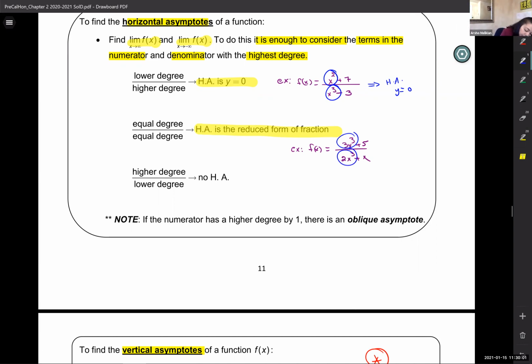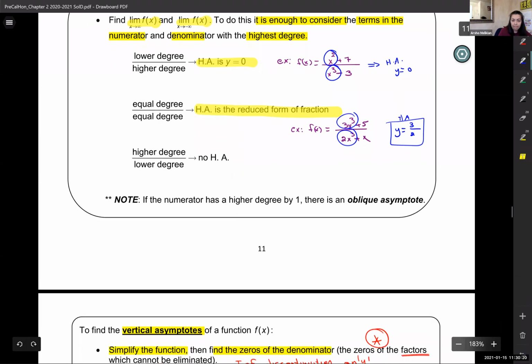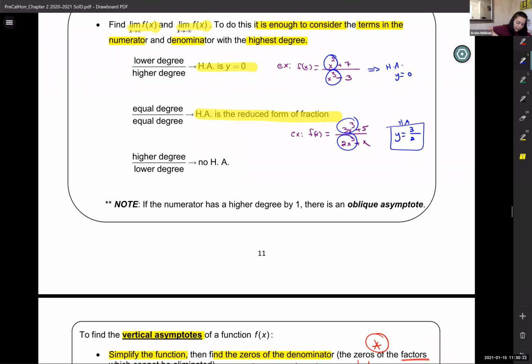What have we got? y equals 3x cubed over 2x cubed, right? You don't even have to look at the variables. All you do is take the coefficients and that's it. That's the horizontal asymptote, because they cancel out.